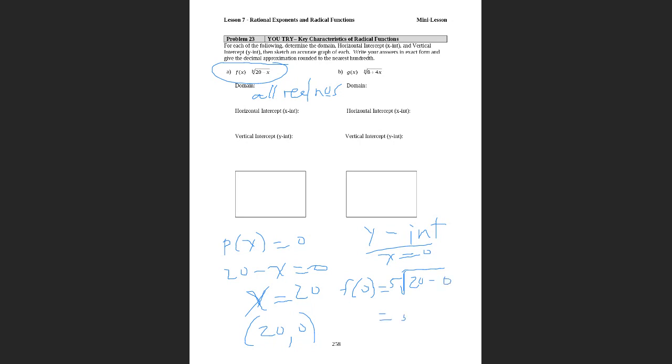So we are going to have the fifth root of 20.